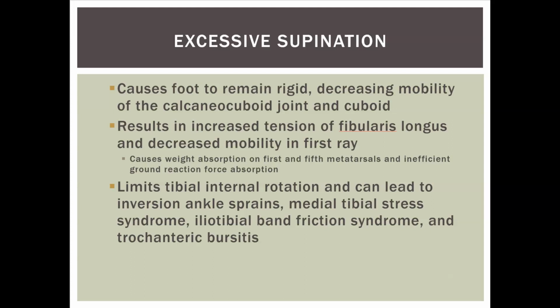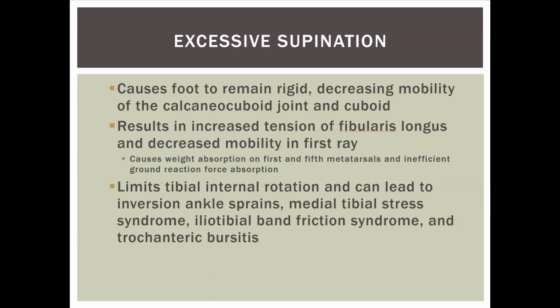So think of if your foot's wet and you're making footprints across a tile or concrete. Okay, you should be able to see the toes and the calcaneus, and there should be just a little bit gone on that medial longitudinal line. If you can see the whole foot, then you have a flat foot or pes planus, or you have excessive pronation at the talar joint.